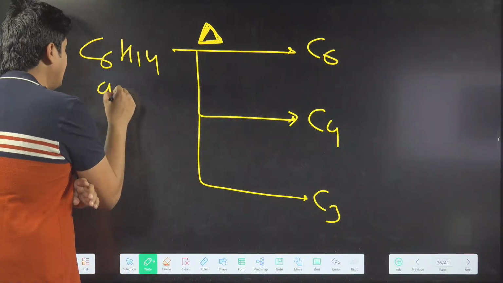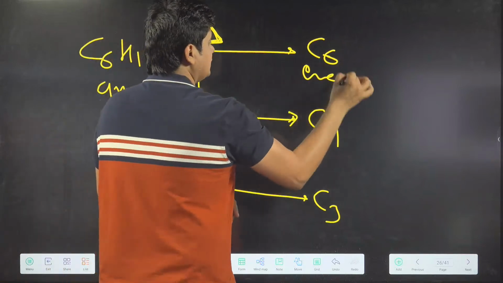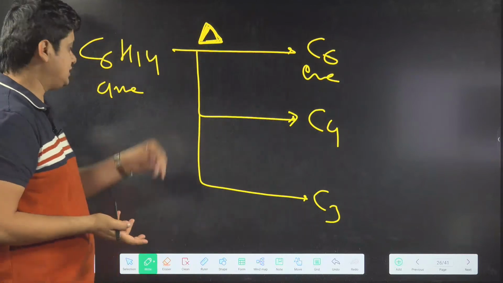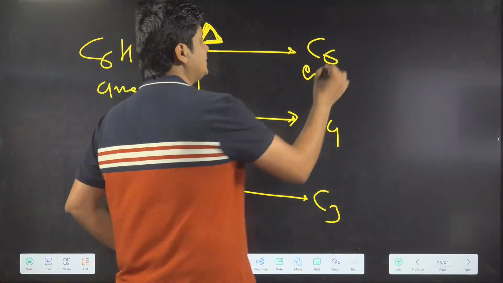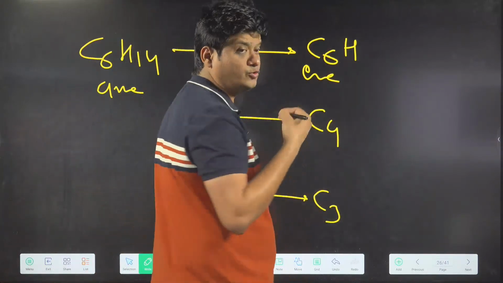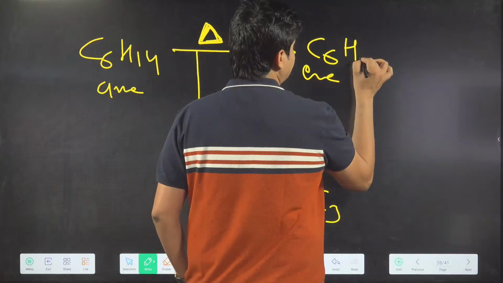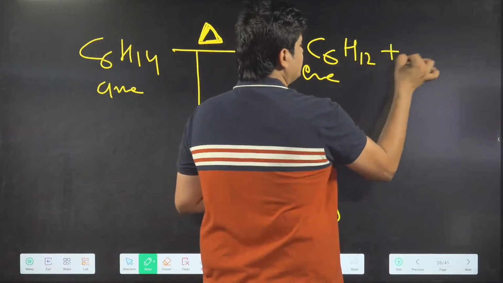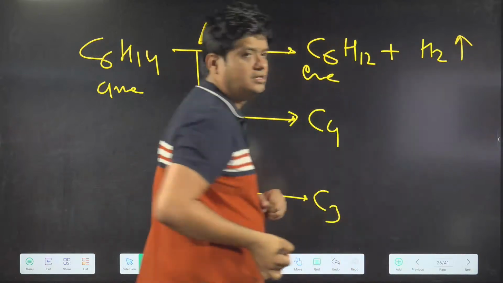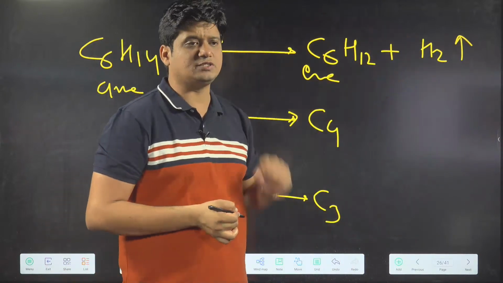This is alkane, this is alkene, so it is different. CnH2n means it is C6H12. This is 14, this is 12, which means hydrogen is released. This is one possibility for this one.